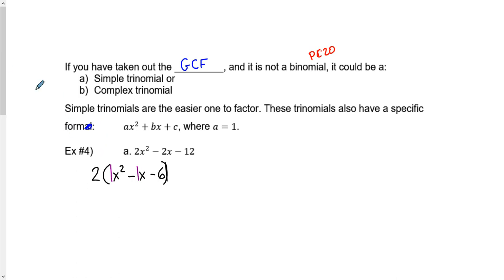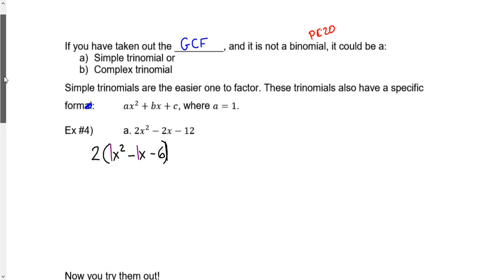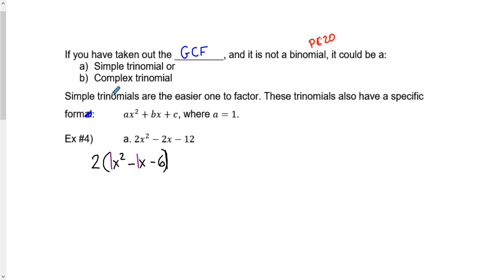Our next bit of work, if we remember back to our foundations of math, pre-calculus 10, what we had done is we had found a product and a sum. A product of the a multiplied by the c, which means 1 times negative 6, which is negative 6.